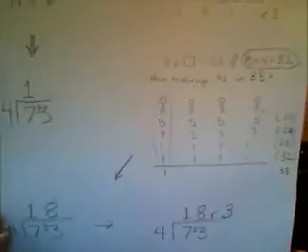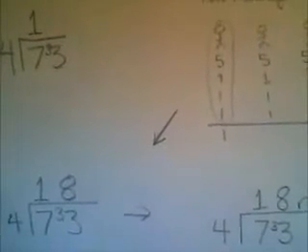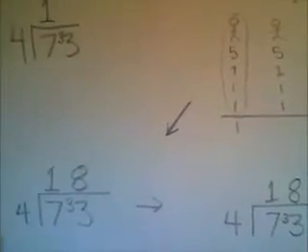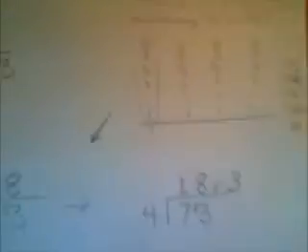So because it fit in 8 times, I put the 8 in the 1s column above the 3, which was also in the 1s column. But of course, there was 1 remaining.